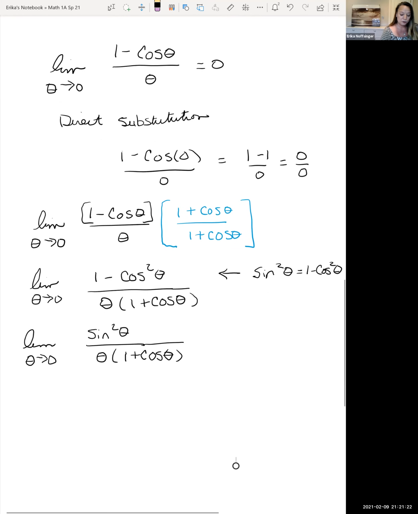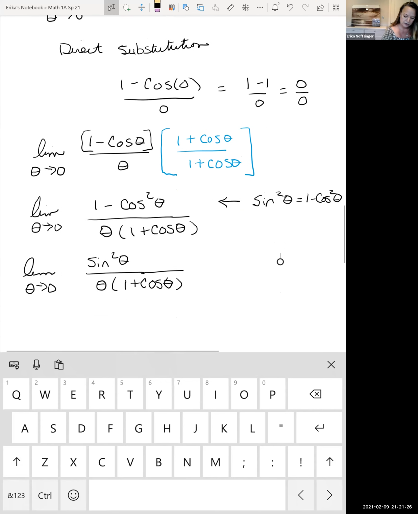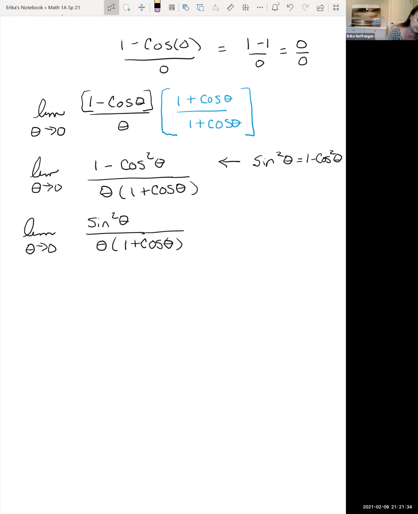Well, now that we just proved that the limit as theta goes to 0 of sine theta over theta is 1, let's manipulate this so that we have that in there. And so let's rewrite this. Sine squared theta is the same thing as sine theta times sine theta. So I have sine theta all times sine theta. And notice I can split this up as 2 separate fractions that I'm multiplying together.